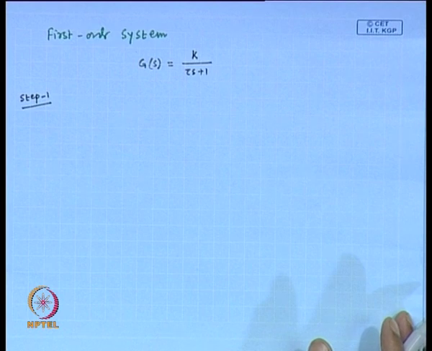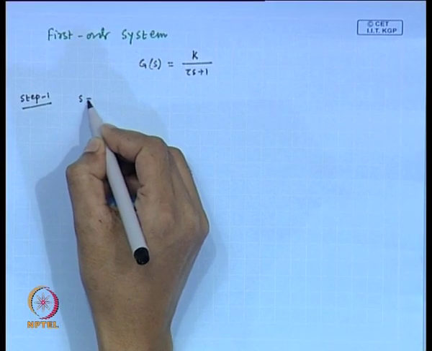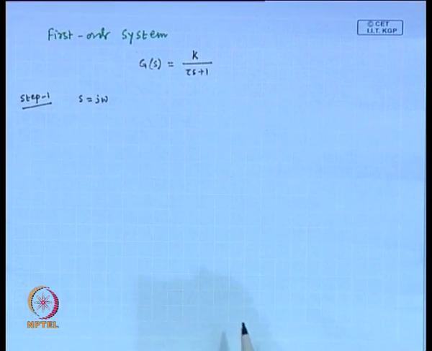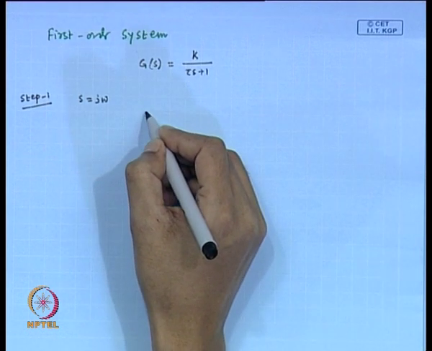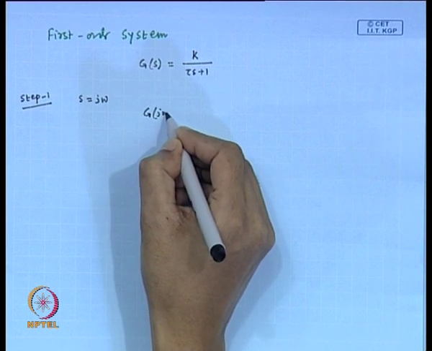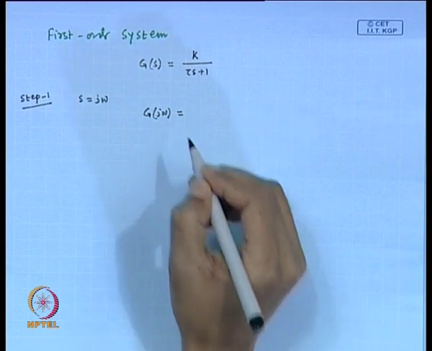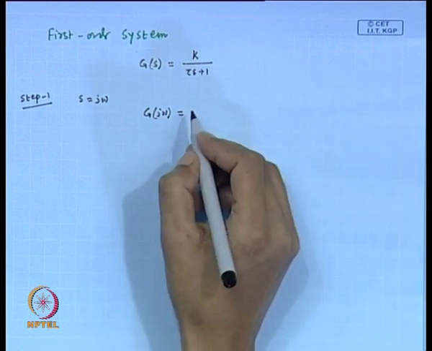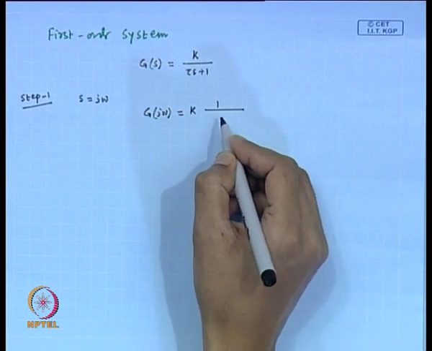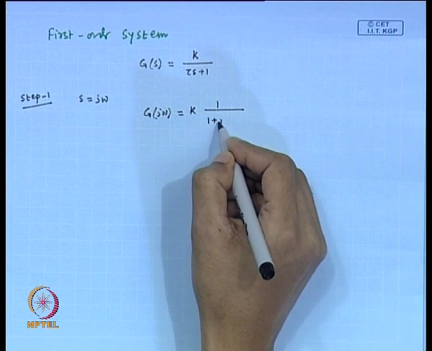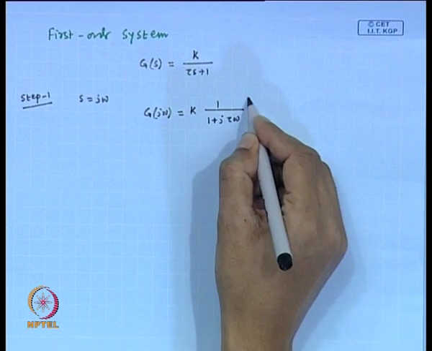In the first step, we need to replace s by j omega. So, we will substitute s equals j omega. Then we can write G(j omega) equals K times 1 divided by 1 plus j tau omega.